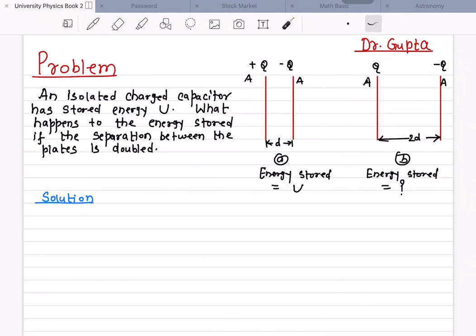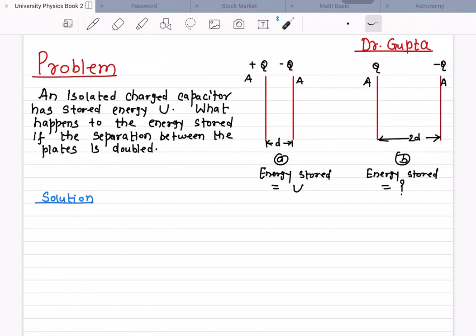You have a capacitor, and this capacitor is charged, and the charge on each plate is Q and minus Q, and the area of each plate is A, and the distance between the plates is D. And remember, this is an isolated capacitor. It is not connected to a battery.